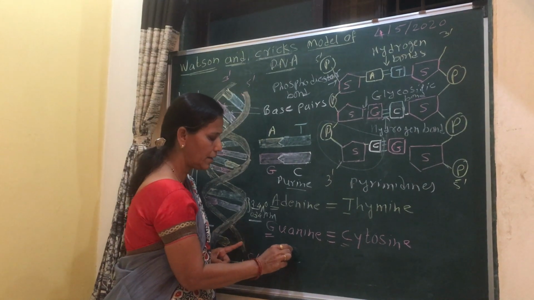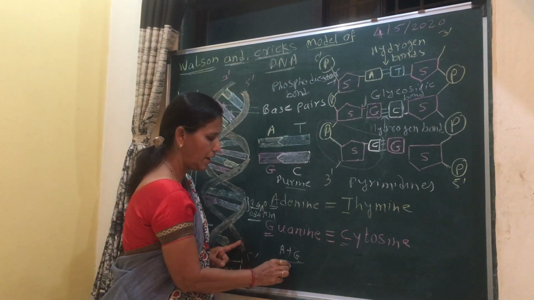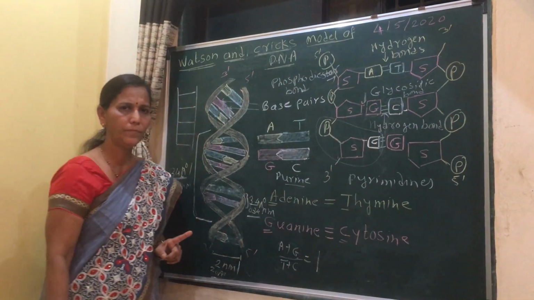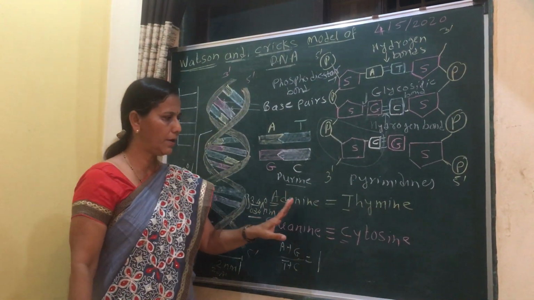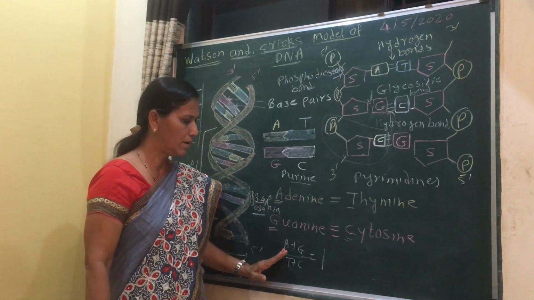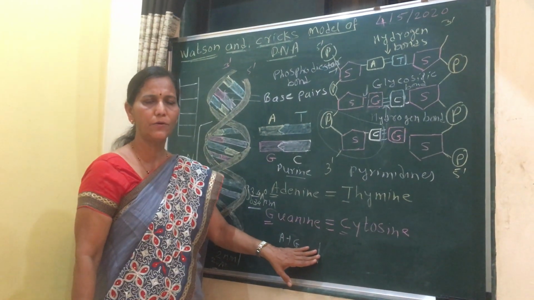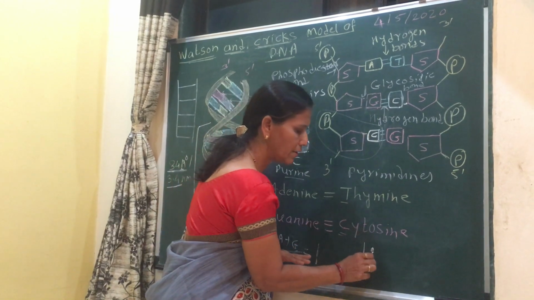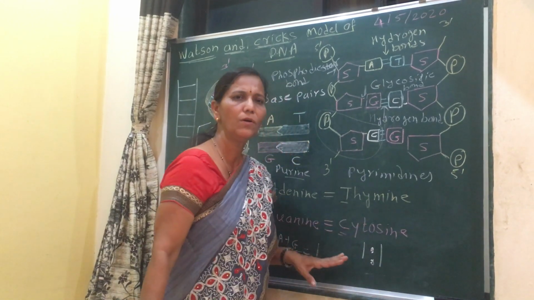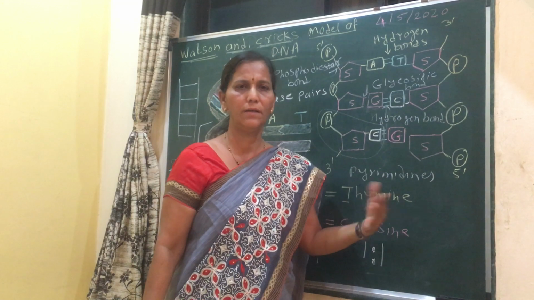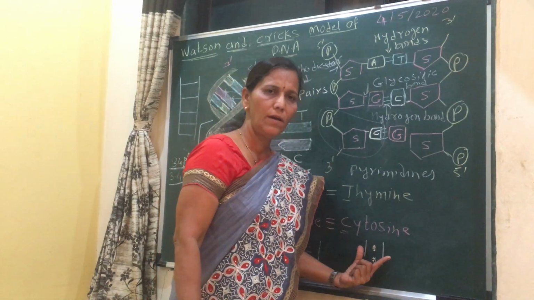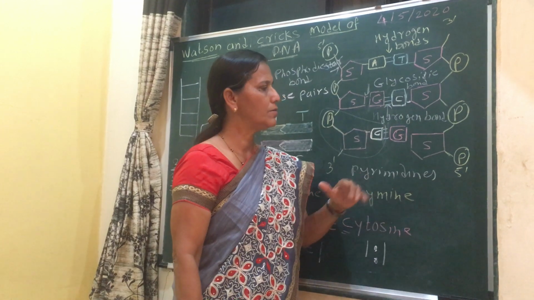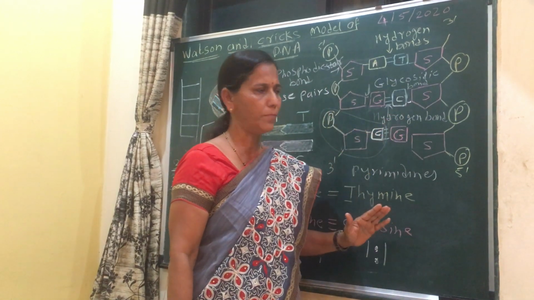A plus G upon T plus C is equal to 1. It means one purine always pairs with one pyrimidine. So this ratio is constant, the purine pyrimidine ratio is always 1:1, and this rule was formulated by the scientist Chargaff. So remember this important point.